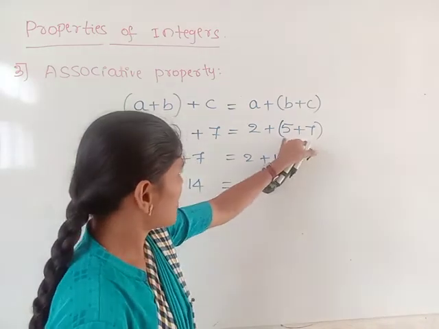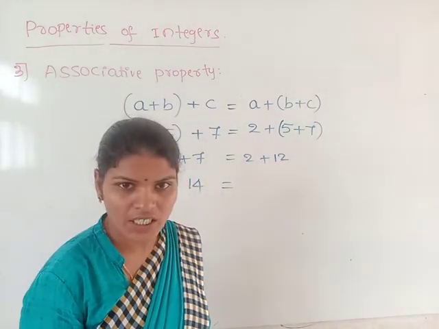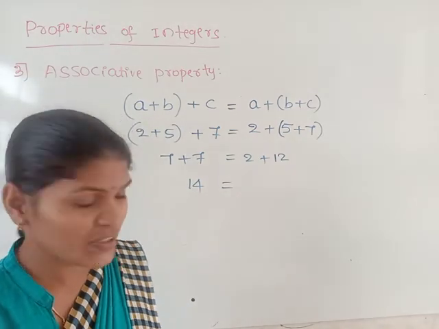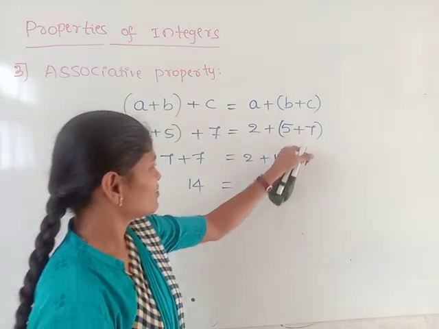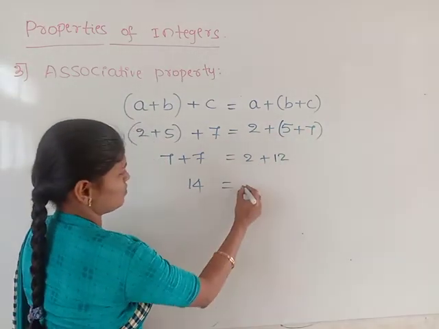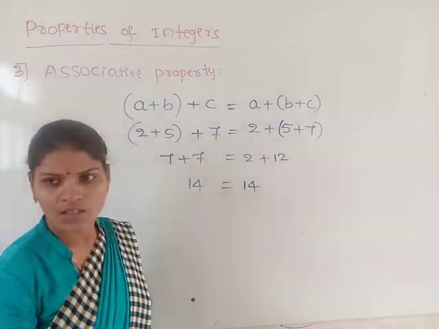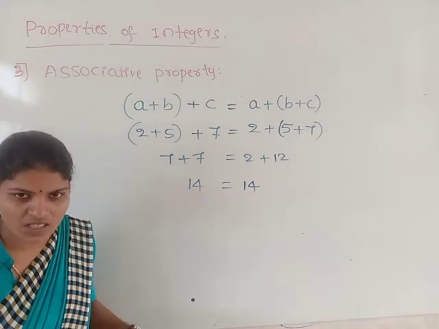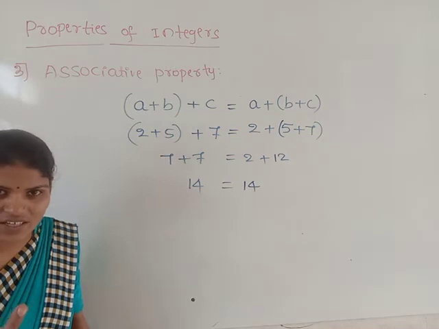Yes. 5 plus 7 is 12. So 12 plus 2 is 14. Both the friends' amounts, whether both are balancing here. Yes. Both are balancing here.